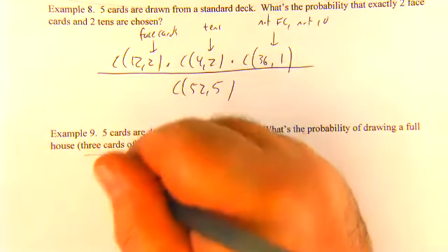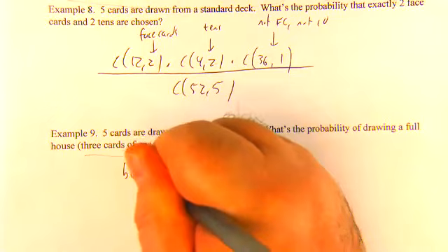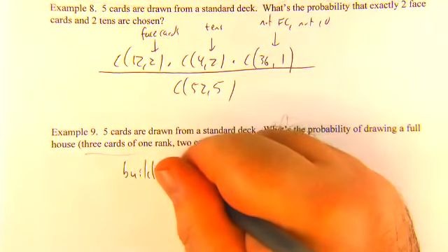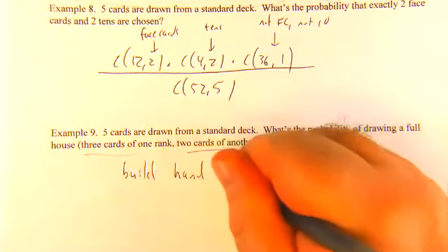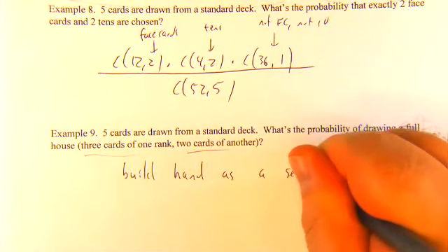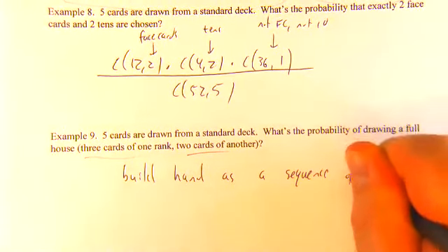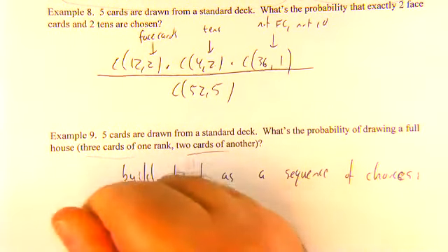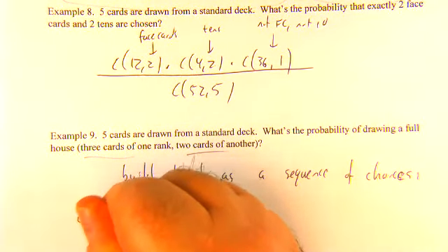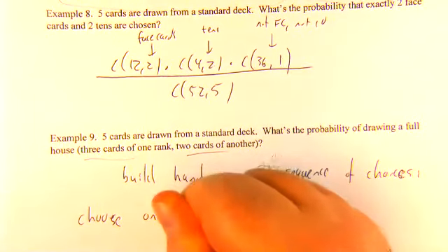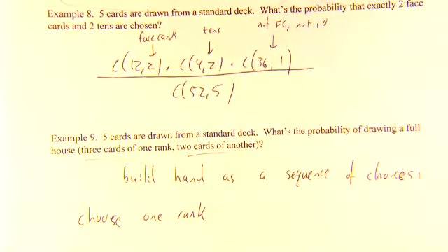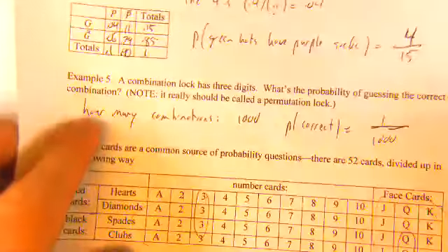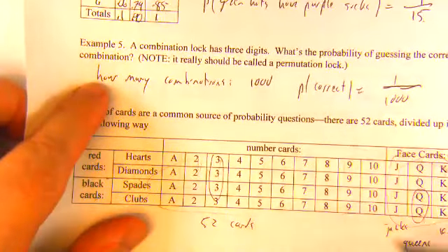So often when we're trying to figure out probabilities for poker or something, build a hand as a sequence of choices. Right? So each of these columns is called a rank. There's ranks of threes, ranks of queens.